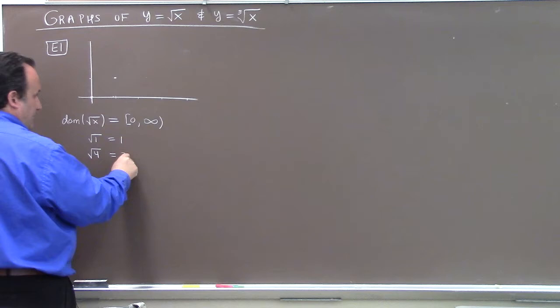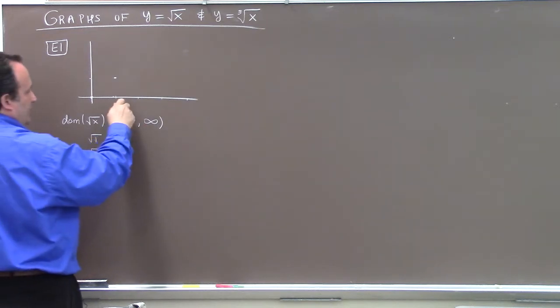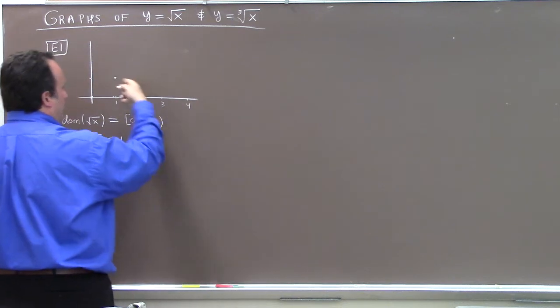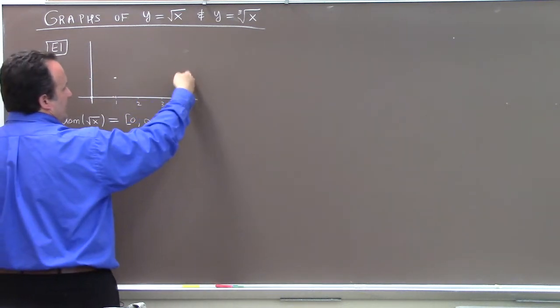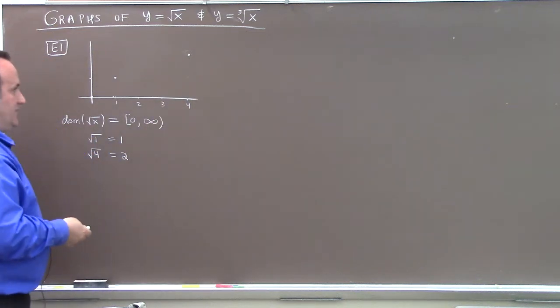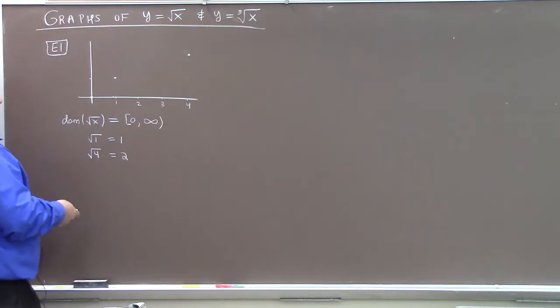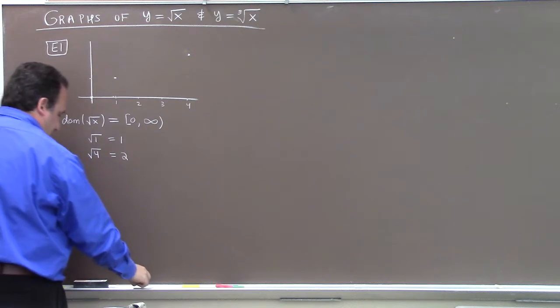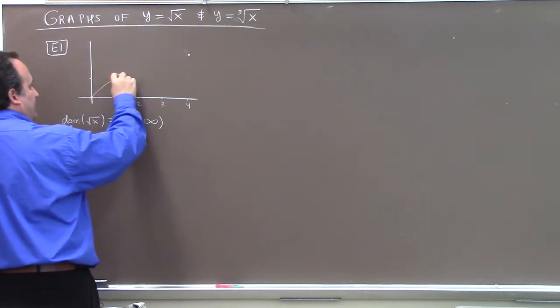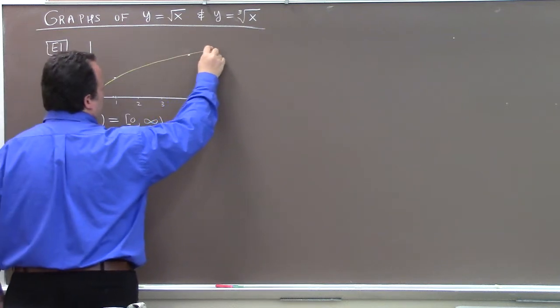It's 2. So if I get over here, 1, 2, 3, 4, I go twice as far up. So it's growing relatively slowly compared to what we're used to. Then the graph looks something like that.